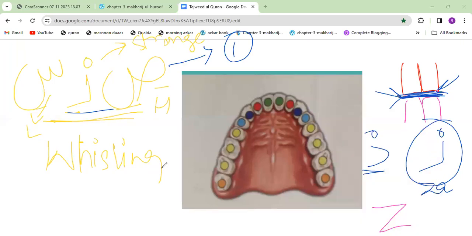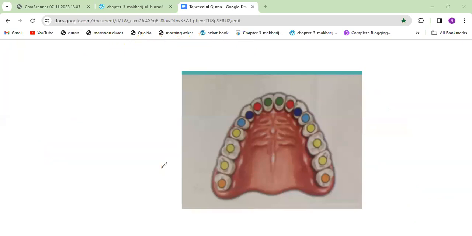The next group is easier. Now what you have to do is use only the upper front two teeth.